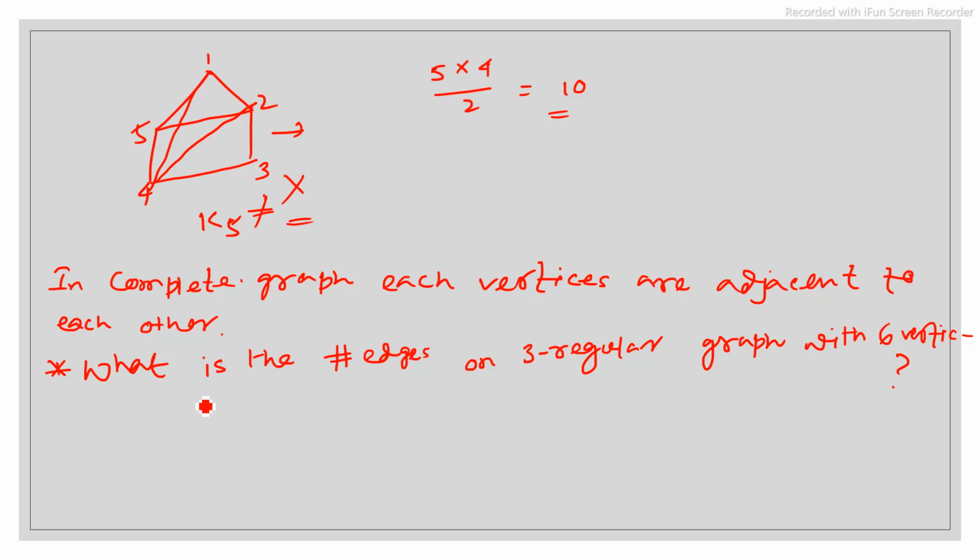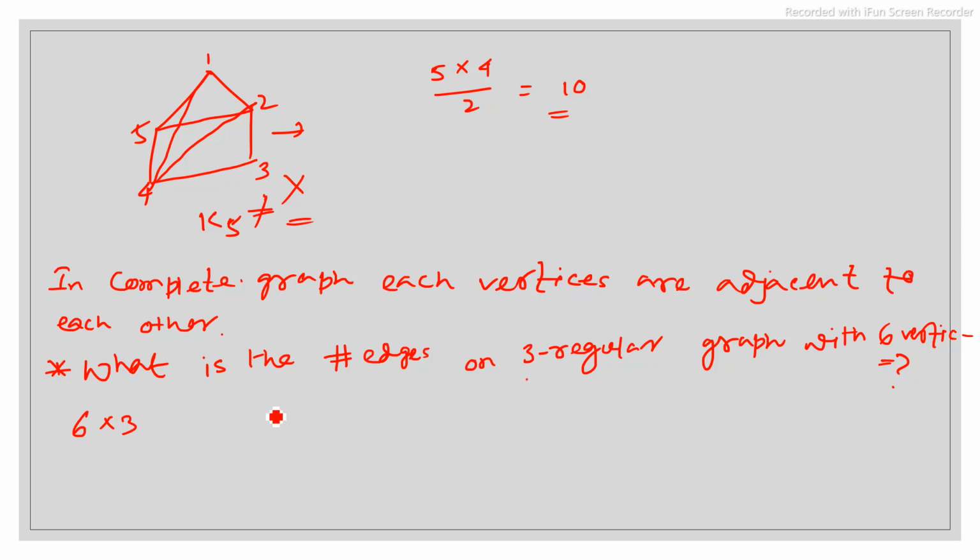We can directly say that an R regular graph with n vertices has R into n by 2 edges. By the handshaking lemma, three regular means each vertex has degree 3. The number of vertices is 6, and each vertex has degree 3.